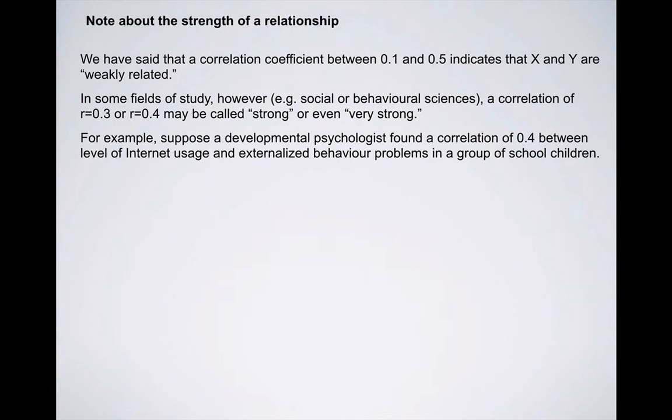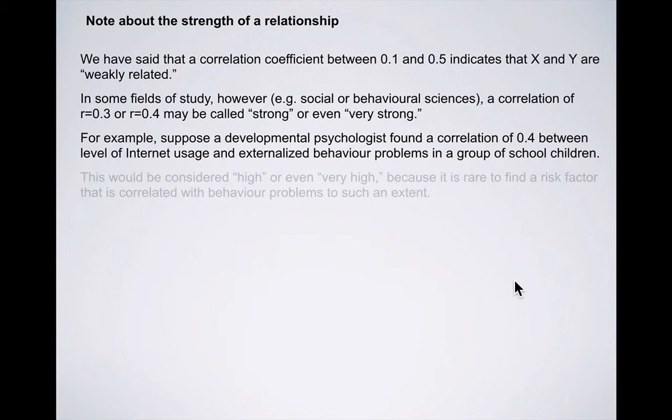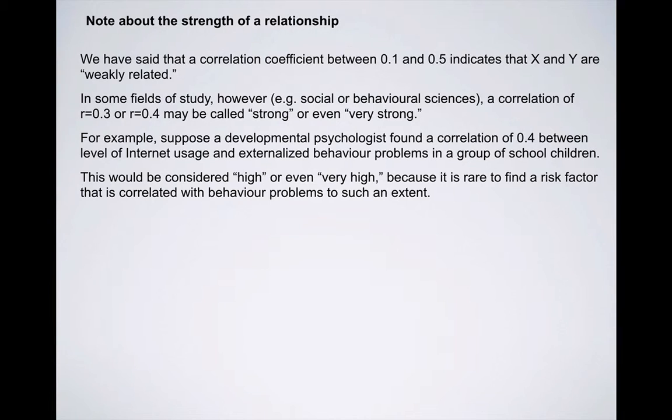For example, suppose a developmental psychologist found a correlation of 0.4 between the level of internet usage and externalized behavior problems in a group of school children. This would be considered high or even very high because it is rare to find a risk factor that is correlated with behavior problems to such an extent.